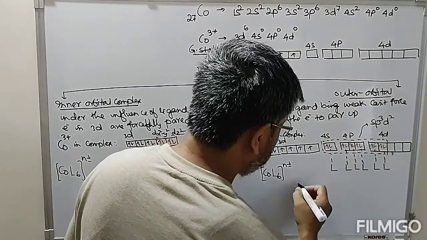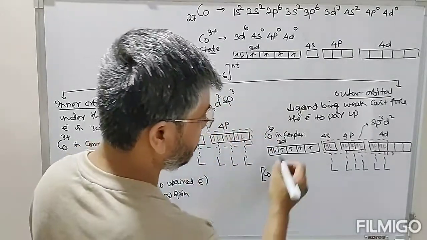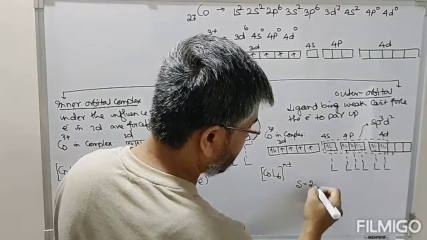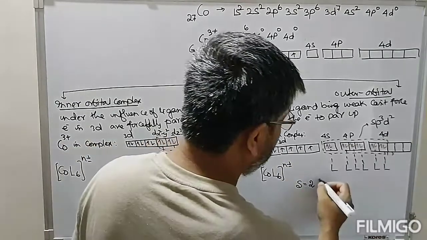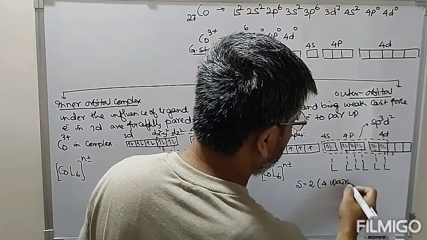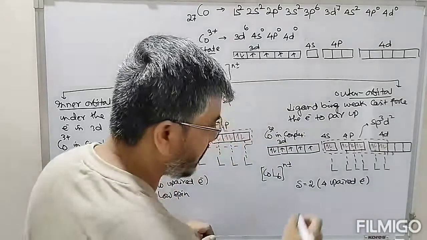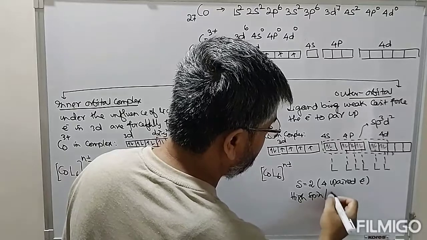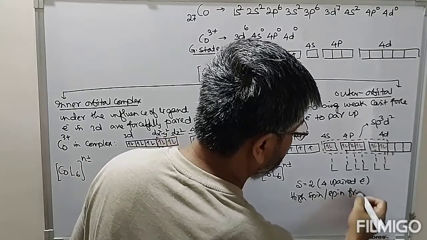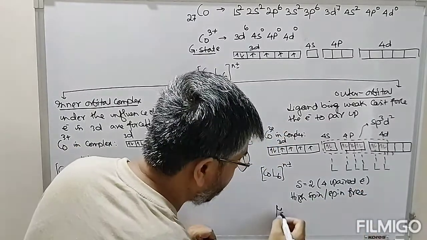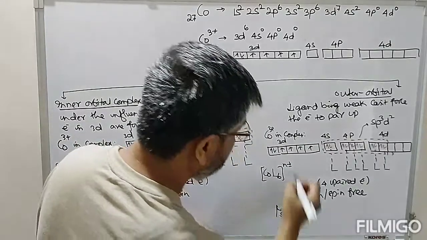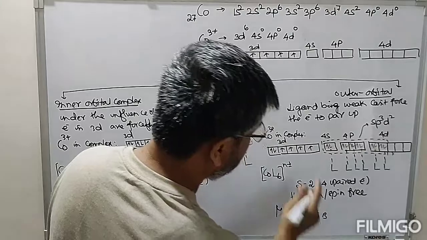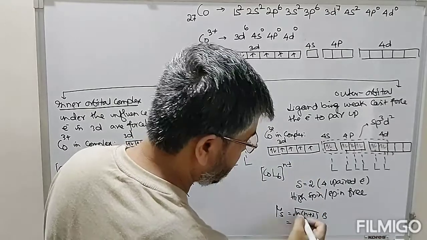If you look at this, the resultant spin quantum number is plus half plus half plus half plus half, so this is 2, for 4 unpaired electrons. Now since the unpaired electrons are more, we say this is high spin or spin free. So the resultant magnetic moment is the square root of n(n+2) BM. So n is 4, 4 plus 2 is 6, 6 into 4 is 24.